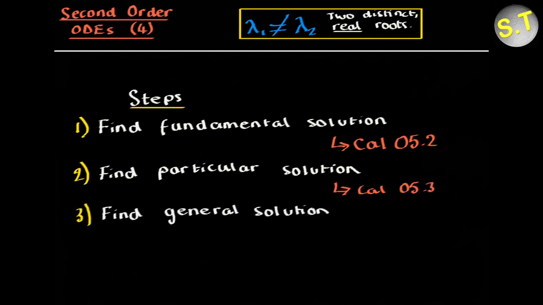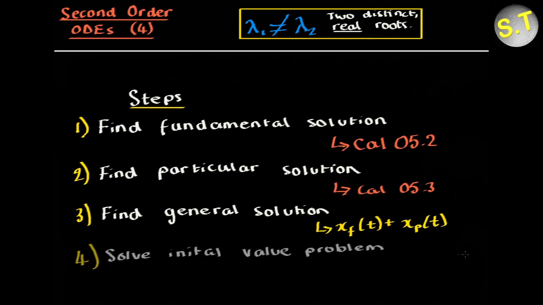Then when we had these two solutions, we found our general solution, which is just both of these added together. And then finally we solved an initial value problem in order to give us the constants c1 and c2 that we got from our fundamental solution, which was in this video.